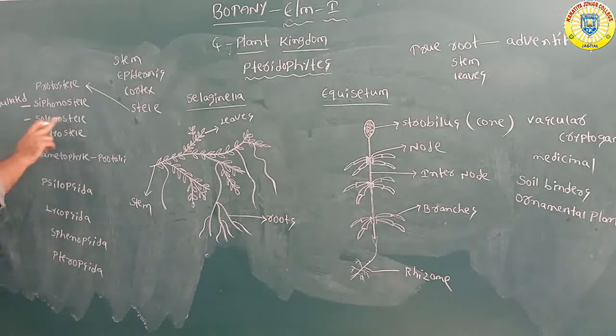Next, solenostele appears like a siphonostele, but here scattered leaf gaps are there.